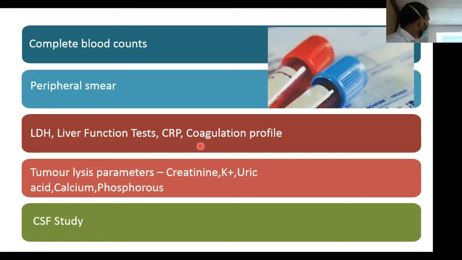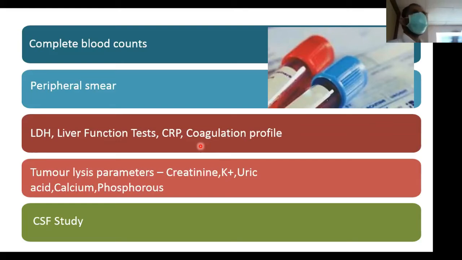Then peripheral smear. I told you already in the second case, it's the peripheral smear or even the CBC. In the CBC promyelocytes may not be seen, but the peripheral smear will get you the diagnosis. Then a complete panel. I have separately written tumor lysis parameters because we are talking leukemia. Tumor lysis parameters means the creatinine, uric acid.